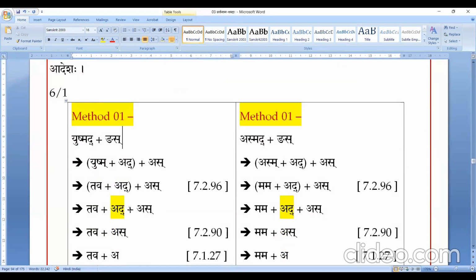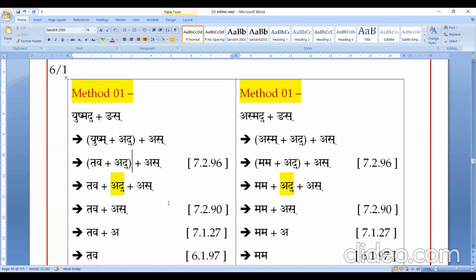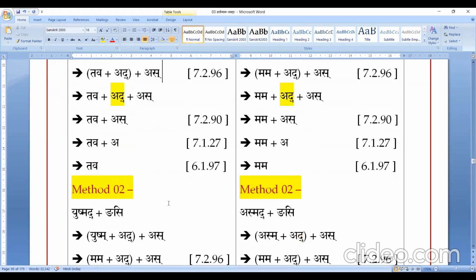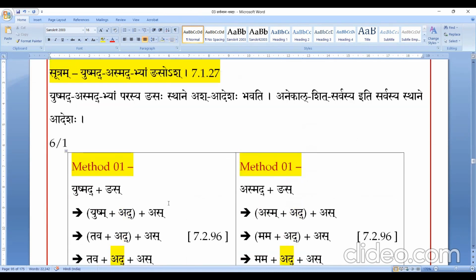Now you see. Yushmat plus Nas. Ma paryantasya Yushmat shabdasya sthane, by the sutra tava mamau Nasi, tava adesha. And Asmat, ma paryantasya Asmat shabdasya sthane, mama adesha, by 7-96 tava mamau Nasi. Then you can see this is Nas. Nas is replaced by ash.